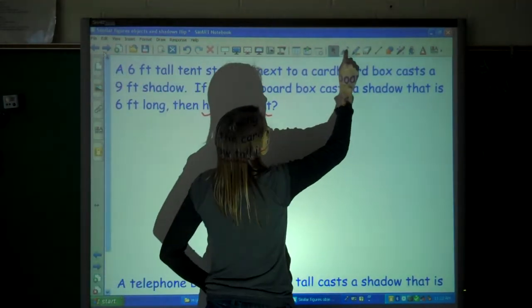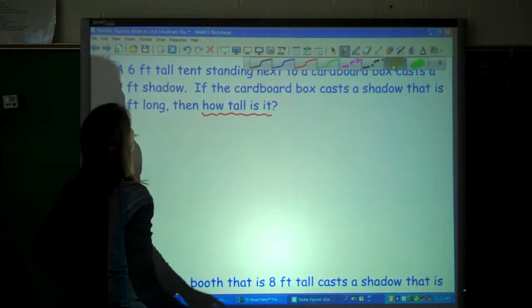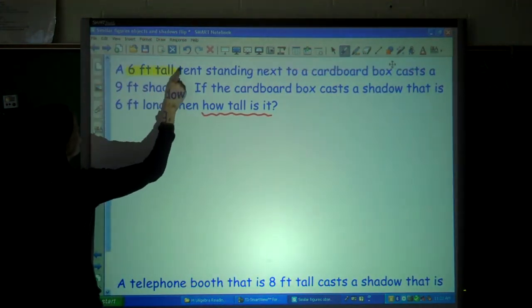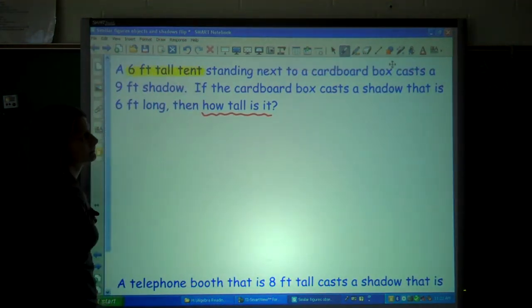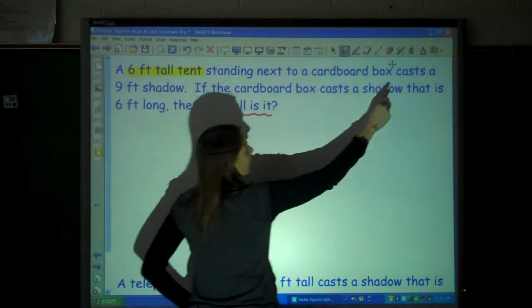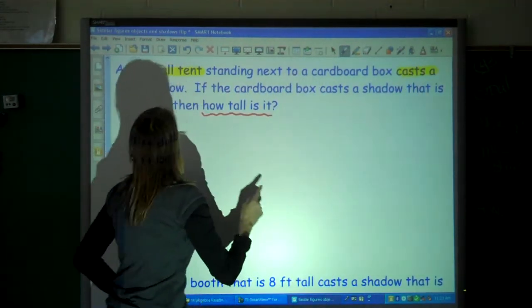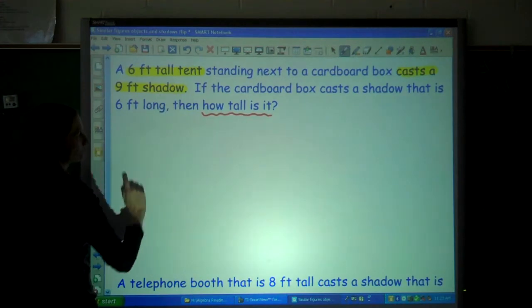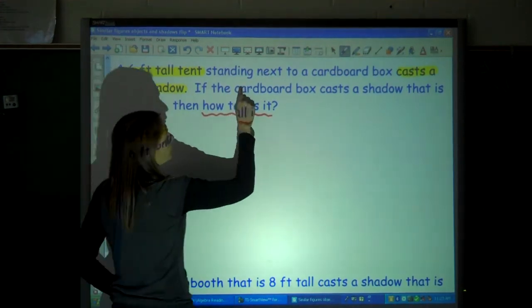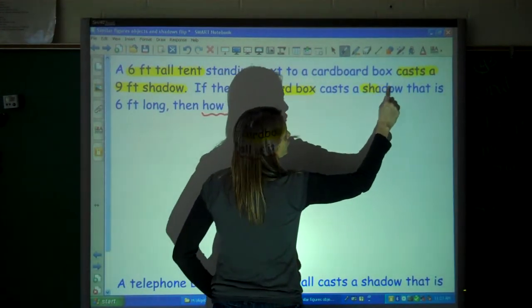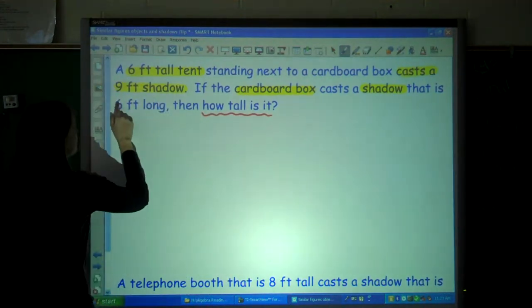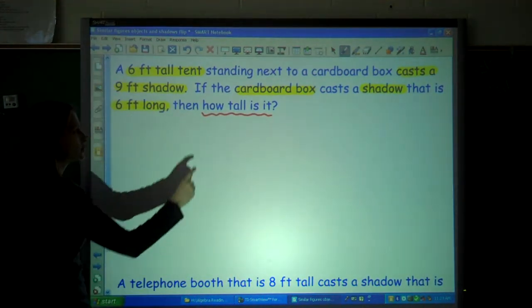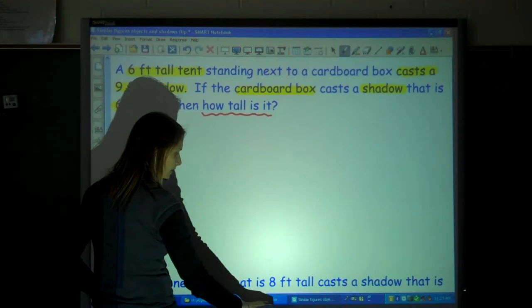And I'm going to highlight my facts. I know that I have a 6-foot-tall tent and that it cast a 9-foot shadow. I know that I have a cardboard box that has a shadow that is 6 feet long. And I'm trying to find out how tall is the box.